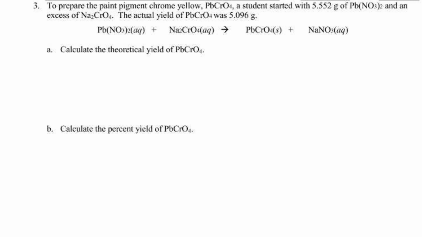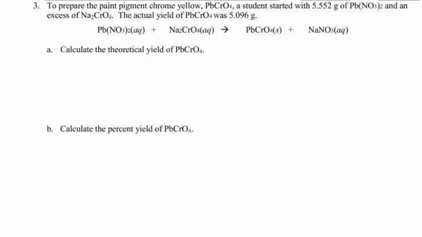A lot of times you won't have the limiting reactant, but just make sure you recognize when it's there. Or it'll tell you that you have this much of this, and then it'll say in excess of the other. So don't freak out when that happens.